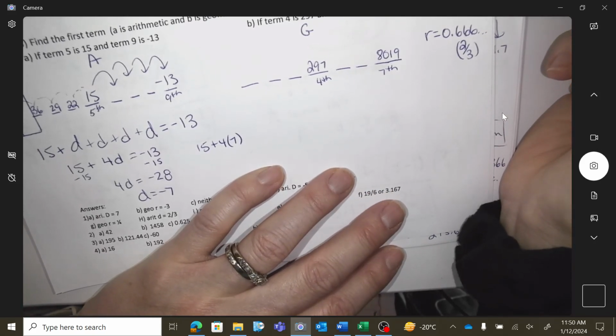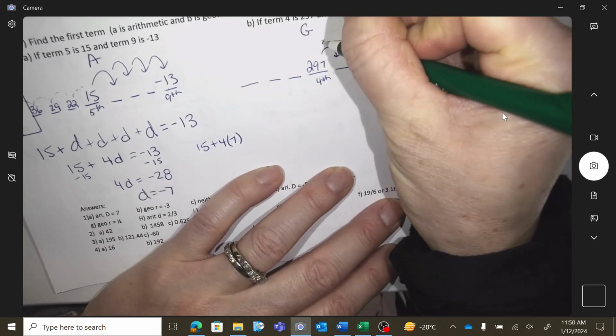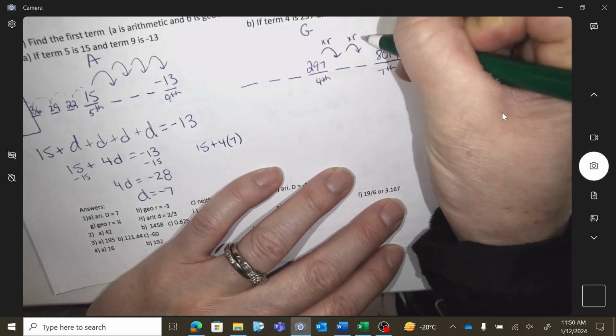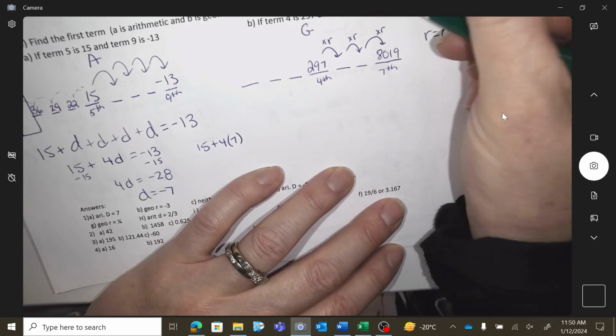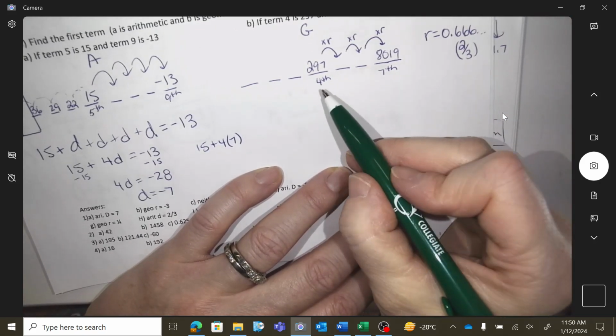Okay, so what does geometric mean? I would times by something to get there. I would times by something, times by something, right? That's what a geometric pattern does.